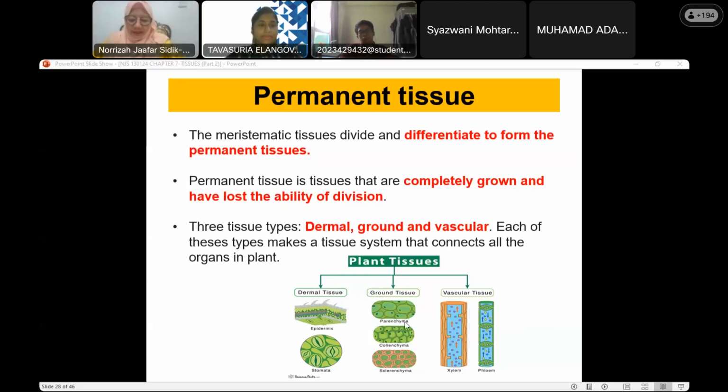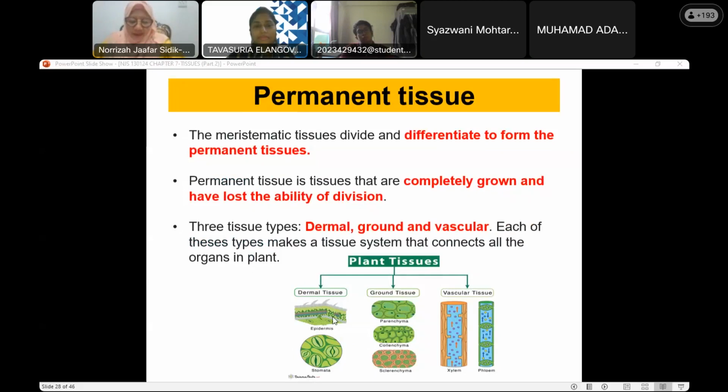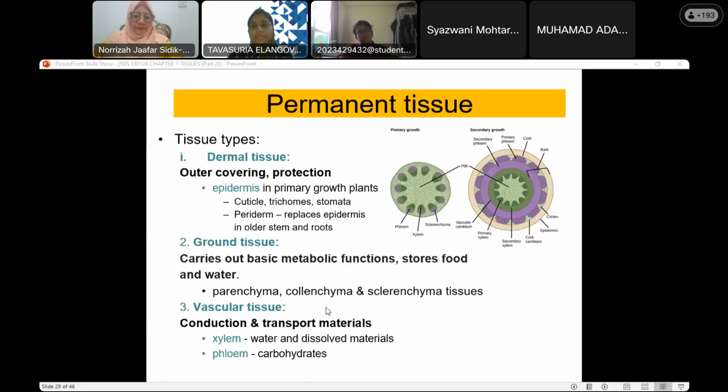Okay, so you can see they have different sizes and shapes. Now we look at the first tissue type in detail, the dermal tissues.